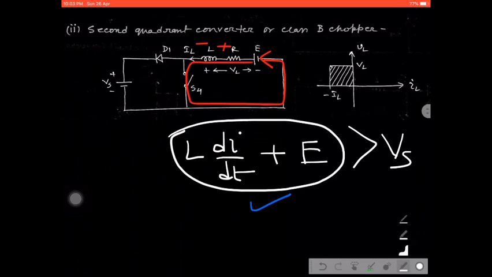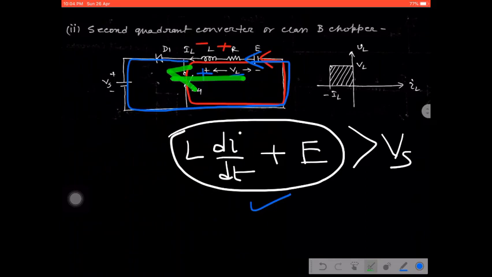That means now what happened? The stored energy inside the load, as well as the inductor, has changed its polarity during the discharging path. That is why the stored energy across the load is flowing through this freewheeling diode D, then the supply voltage and coming back to its initial point. That means it is behaving like a generator and the energy is transferred from load to source.